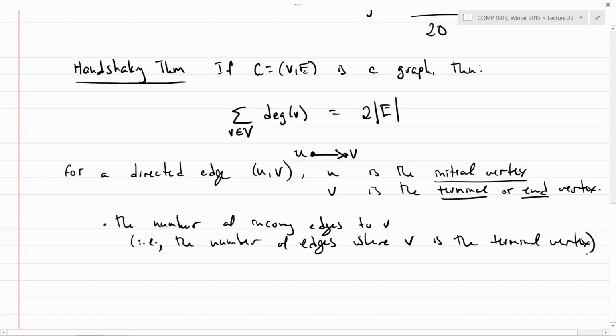So the number of incoming edges to V, which is really saying the number of edges where V is the terminal vertex of that edge, is called the in degree of V. It's the number of edges going into it.